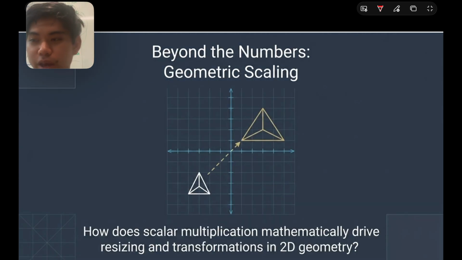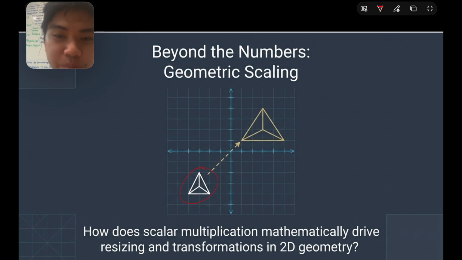Right. So again, as I was saying before, there are some geometric applications to this as well when we look at it as a graph. So scalar multiplication is basically linked to transformations and scaling in geometry. Okay, so take for example, we have a shape. Now the structure that we've identified, if we scale or multiply it, it will still give the same shape, but only relatively.